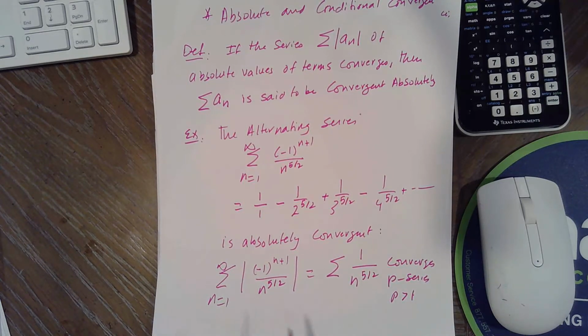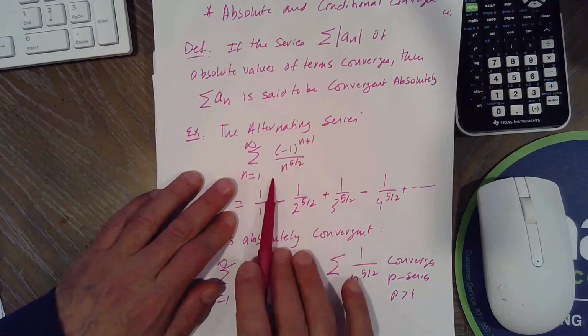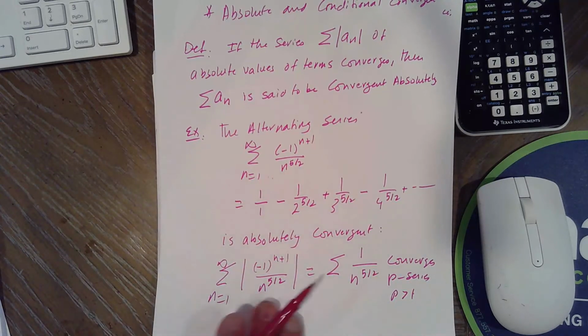Since the sum of the absolute value converges, then the original series converges absolutely.